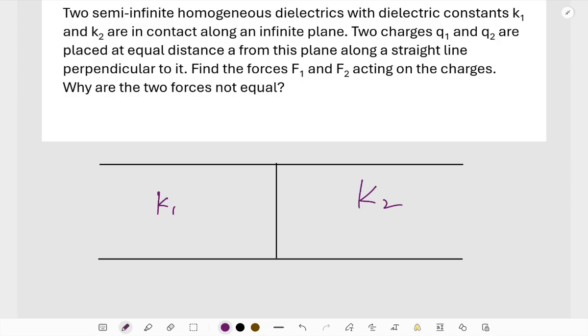And there are two homogeneous dielectrics with dielectric constants K1 and K2, and there are two charges placed, say Q1 and Q2, in these two semi-infinite regions, and their distance is A from the boundary. That means the distance between the two charges is 2A. So what are the forces F1 and F2 acting on charges Q1 and Q2? I'm going to answer it.